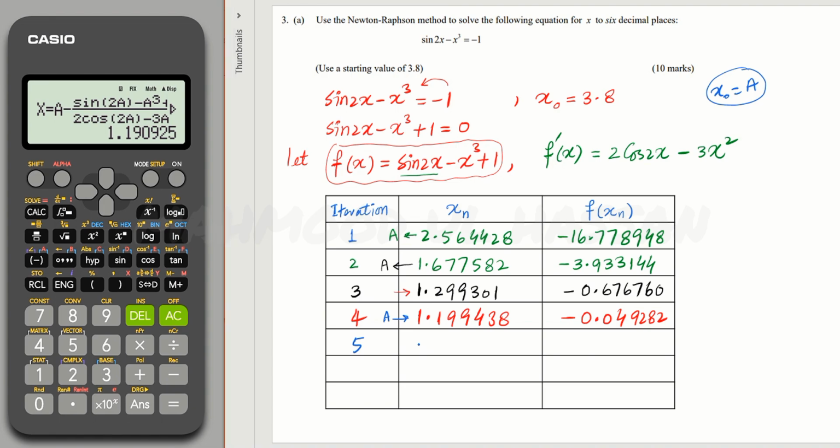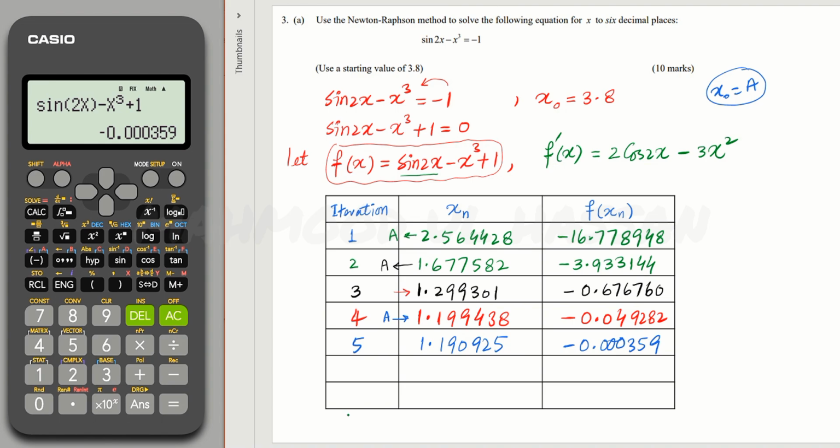So we got 1.190925, and then press equal again. So we got minus 0.000539.